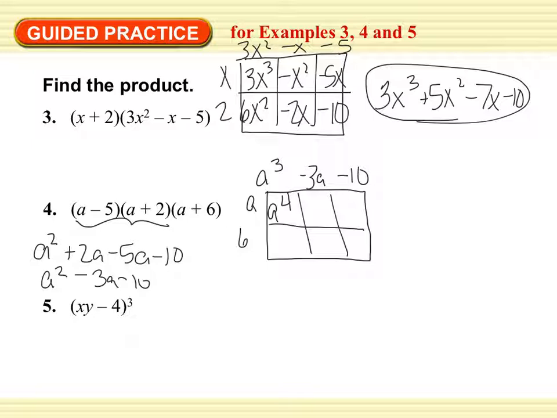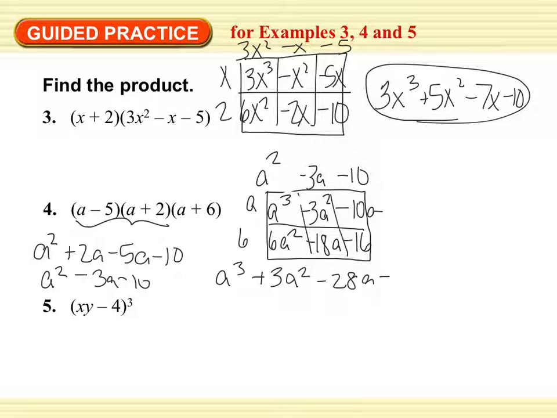Ooh, typo. So a cubed minus 3a squared minus 10a. Then I have 6a squared minus 18a minus 60. That gives me a cubed plus 3a squared minus 28a minus 16.